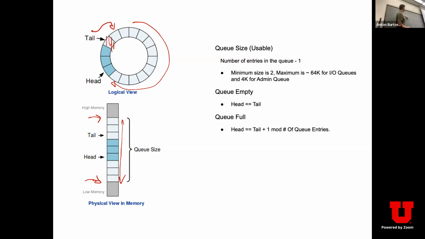But if you have a batch of 32 requests, you push them into the queue, and then you write this entry, which is called the doorbell register, letting the hardware know that something has changed. You added new requests to the queue. So you, for example, can keep a tail pointer here in this configuration space.